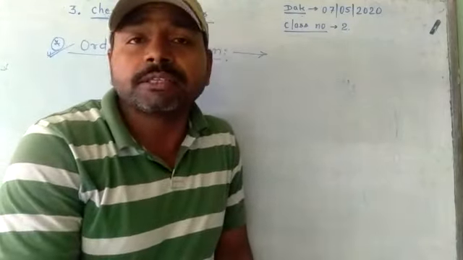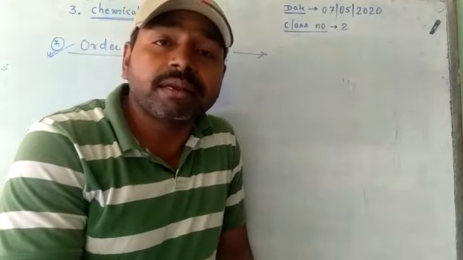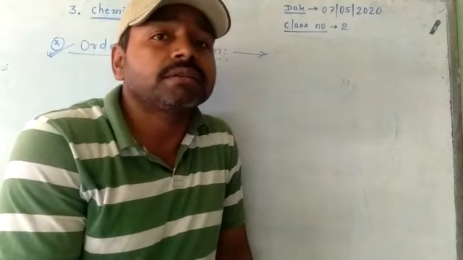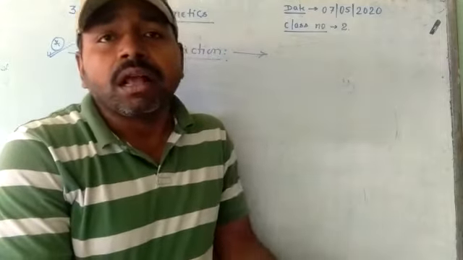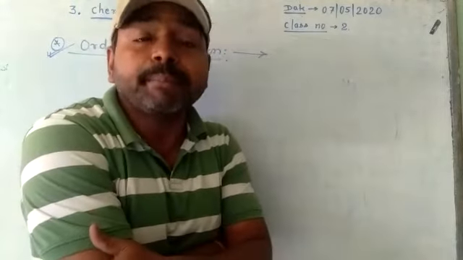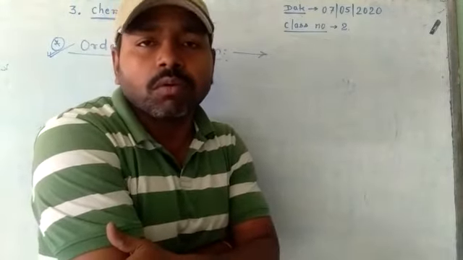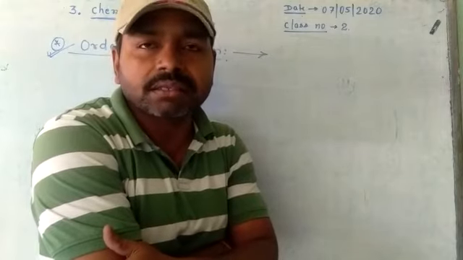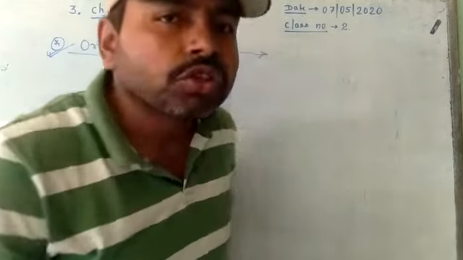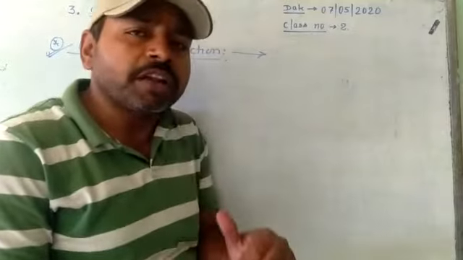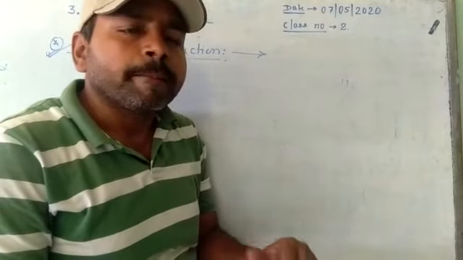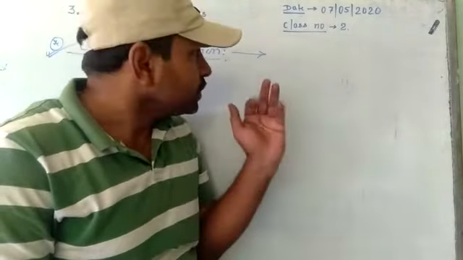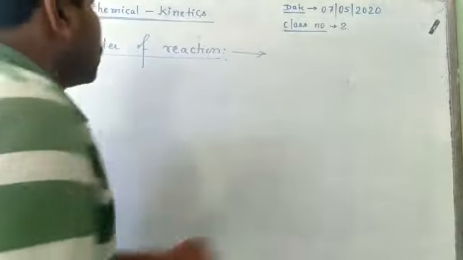Second, it follows elementary as well as complex reaction. And third, it may be 0, 1, 2, fraction, etc. So three important points must be learned in order of reaction.